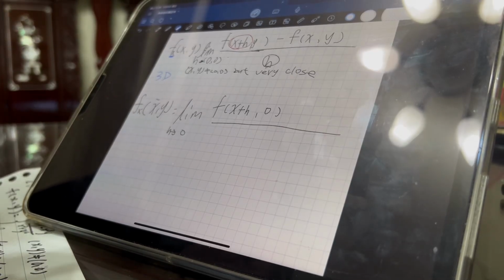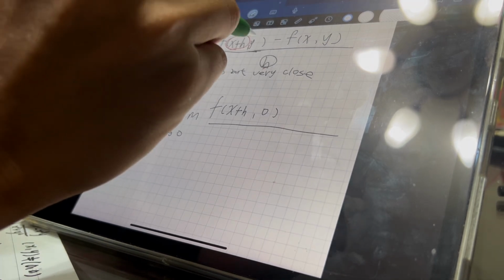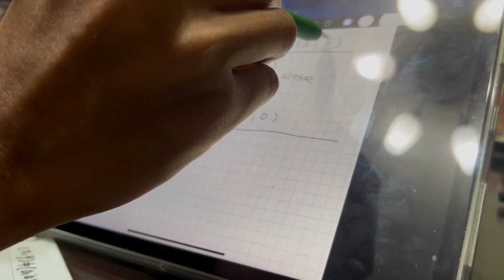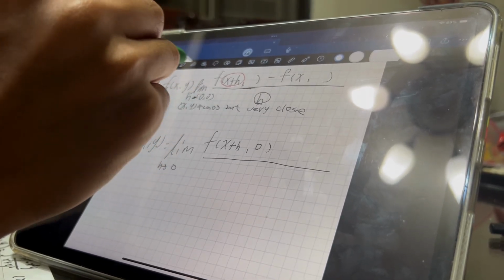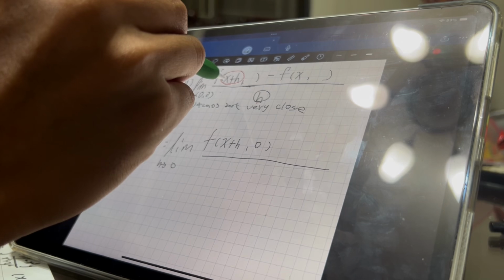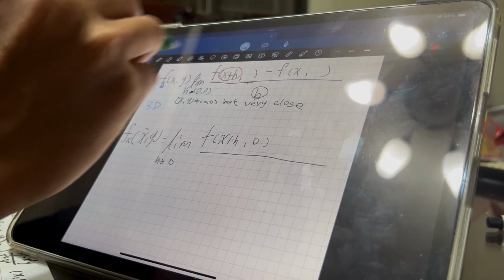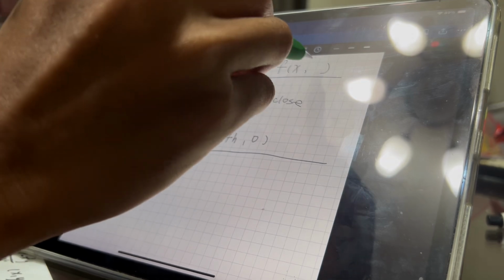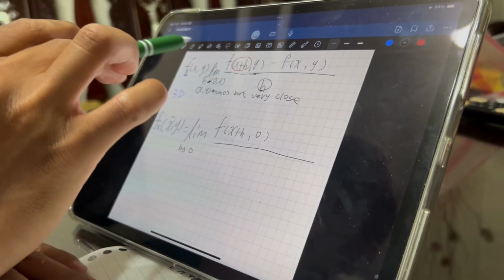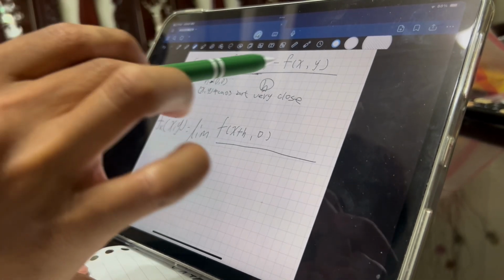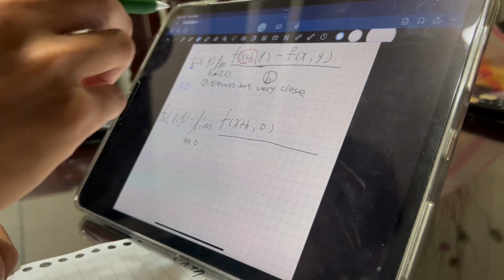Sorry, I made a mistake. I'm new here, so it's very common to make a mistake. When there's a partial of x, there is x plus h and y.